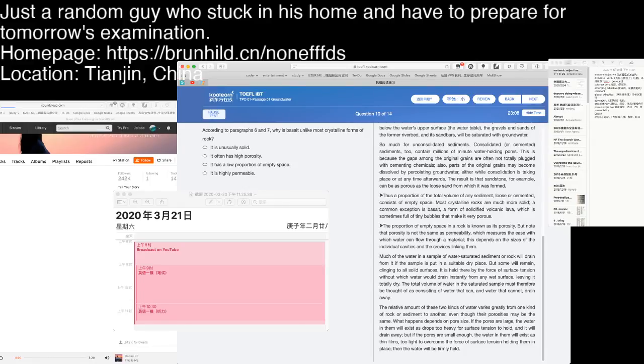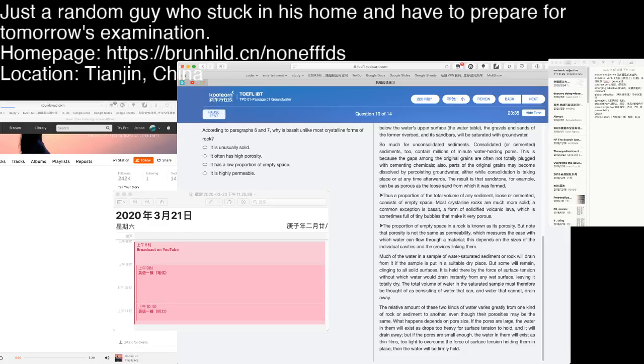The options: it's unusually solid, no; it often has high porosity; it has a low proportion of empty spaces.